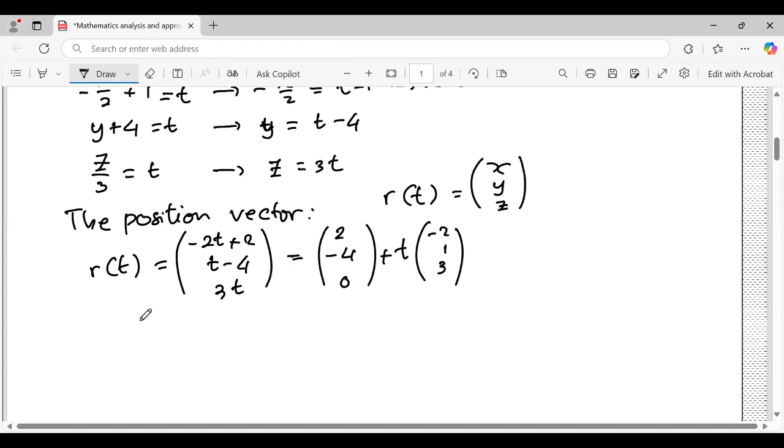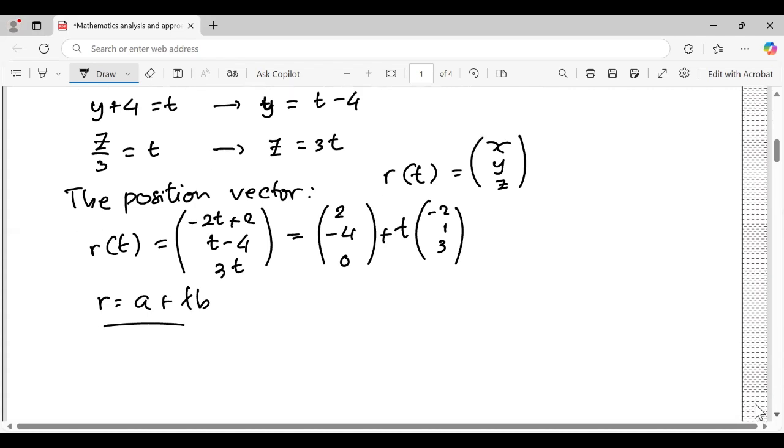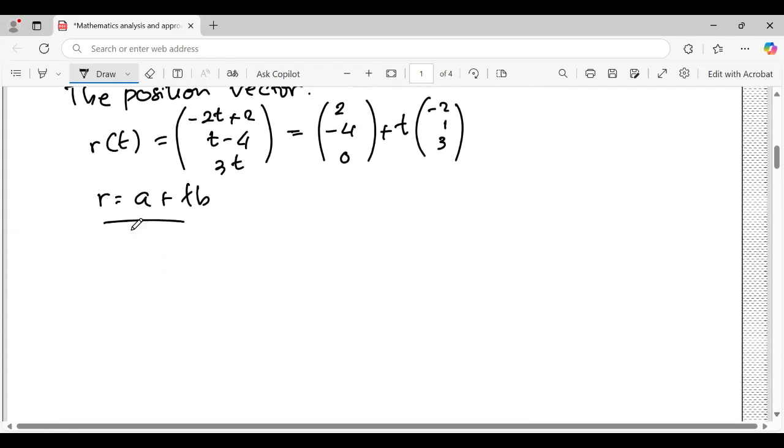So the vector equation of the line, r equals a plus lambda b based on this form, we can write as r equals (2, minus 4, 0) plus lambda times (minus 2, 1, 3).